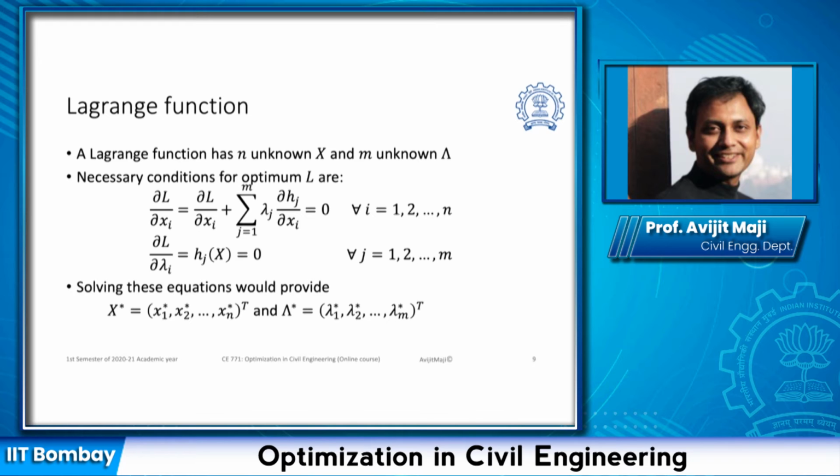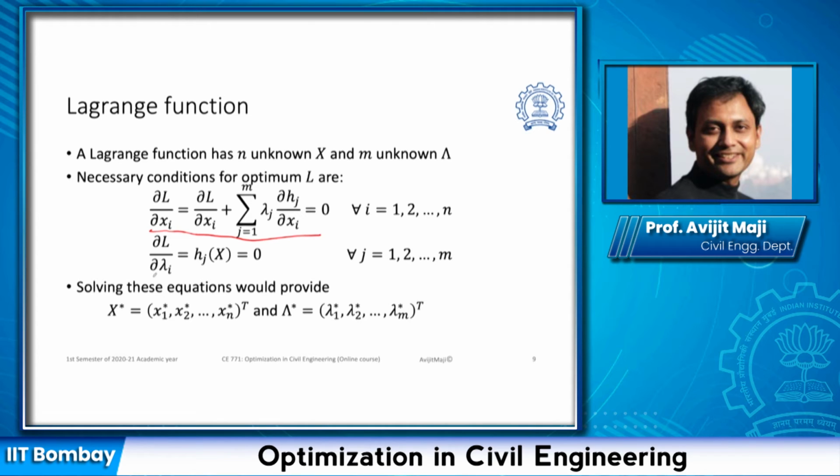For the necessary condition, when we take the partial derivative of the Lagrange function, we can write it this way. This equation, if you recall, for the two variable case will satisfy the first and second conditions, and we also need to satisfy the equality constraint.